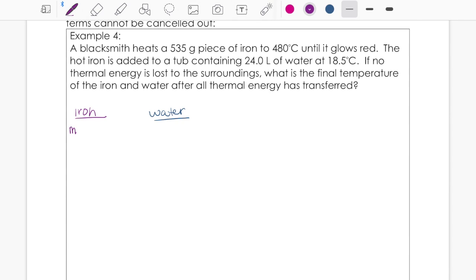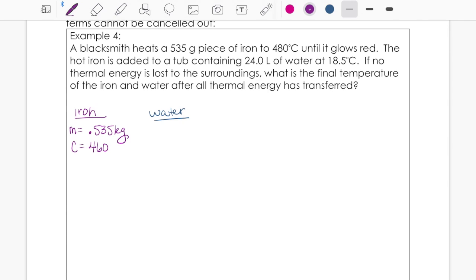So for iron, the mass, they gave it to us in grams, so I need to convert it to kilograms. So 0.535 kilograms. Okay, my specific heat, I have to go back and look at the chart and find iron.